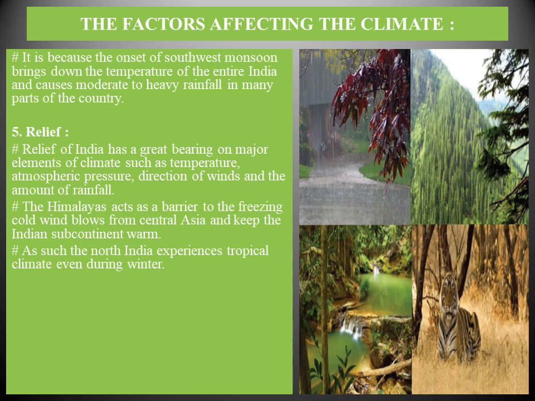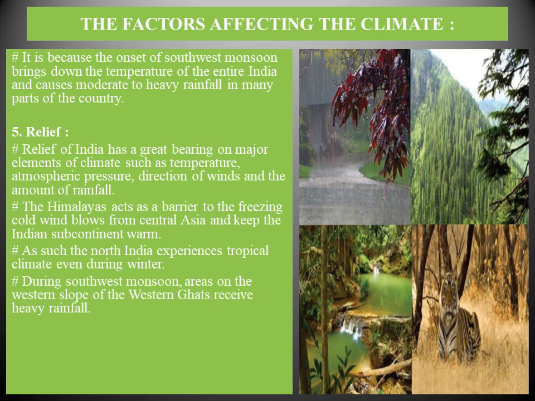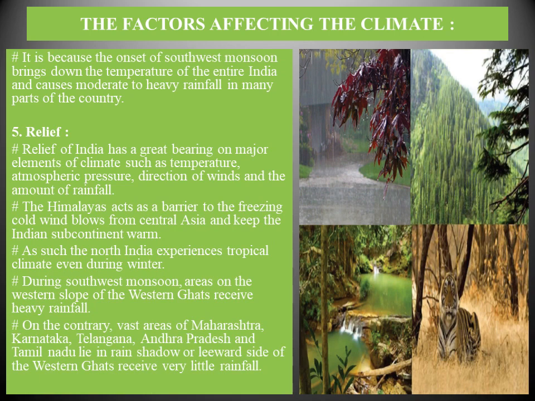During the southwest monsoon, areas on the western slope of the Western Ghats receive heavy rainfall. On the contrary, vast areas of Maharashtra, Karnataka, Telangana, Andhra Pradesh and Tamil Nadu lie in the rain shadow or leeward side of the Western Ghats and receive very little rainfall.